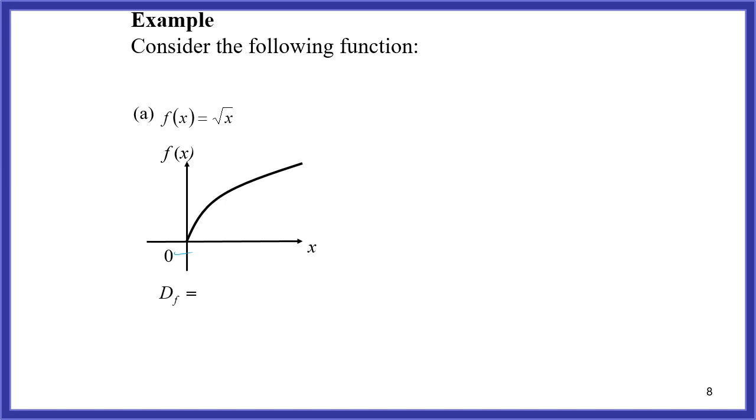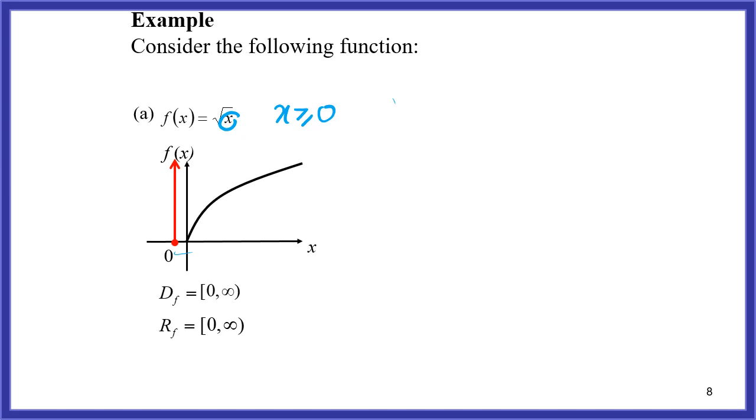We can see that it's only defined from 0 to infinity, and the range is defined from 0 to infinity. If we use the function without using the graph, we can say that everything inside the square root should be positive. So x should be more than or equal to 0. So the domain is from 0 to infinity.